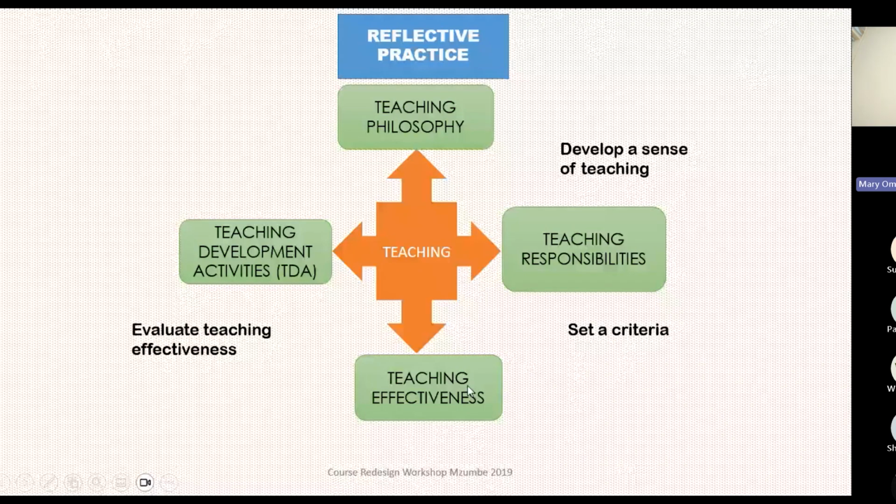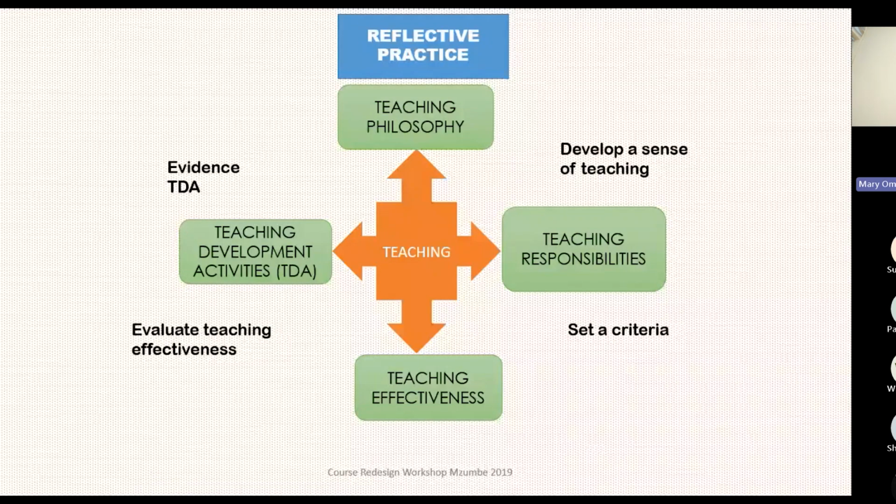Finally, we have the evidence on teaching development. I've just told you that the schedule can show that you attended. There are online courses that we attend, and at the end of it all you get a certificate. Please take that certificate and file it.